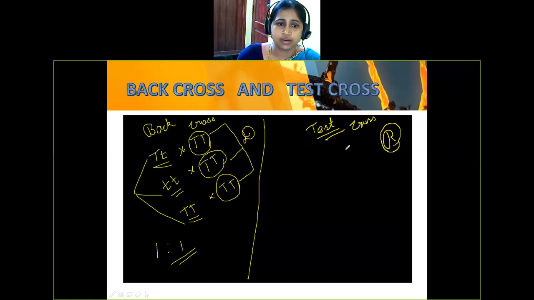Whatever the condition, I have to intercross with small t, small t. The condition may be capital T, small t, or small t, small t, or capital T, capital T. Any condition, I have to intercross only with small t, small t. It is nothing but the recessive character.